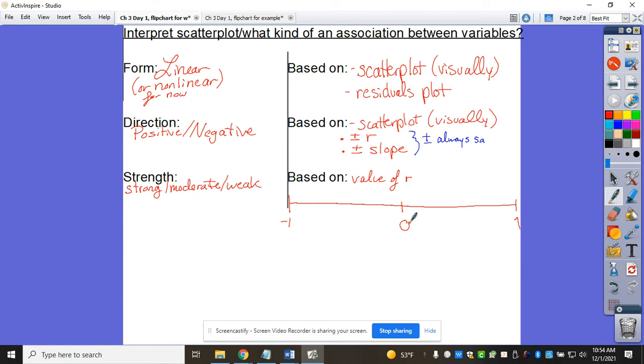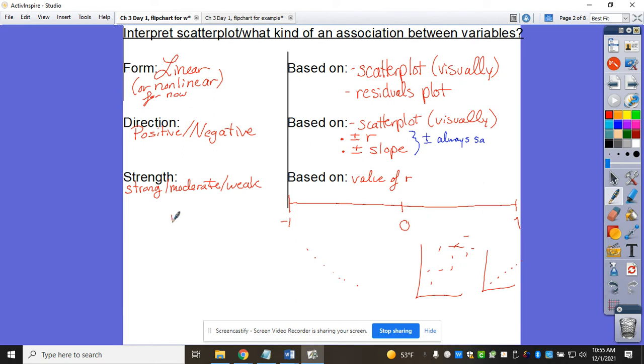It's stronger positive. So that means my dots that were like this are going to do what? So it would be something more like that. What do you think it's going to be if it's -1? Strong but negative. So what do you think is going to happen at 0?